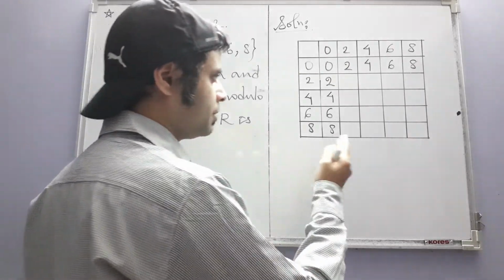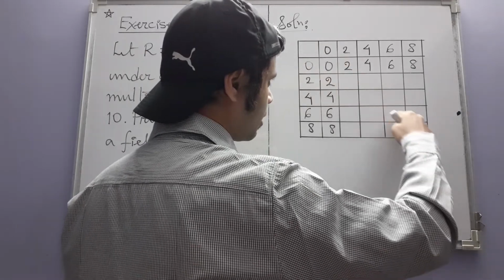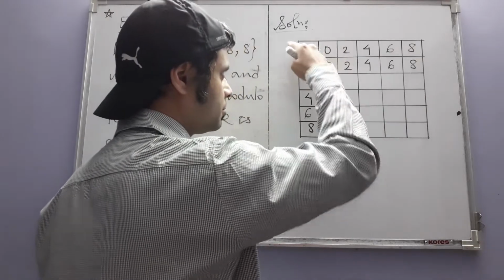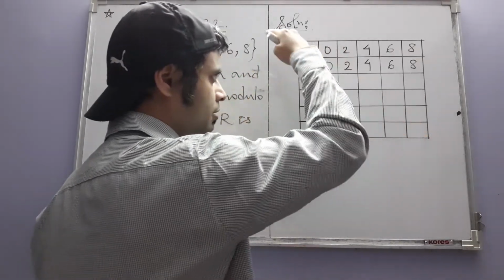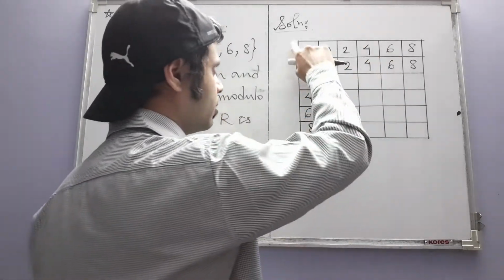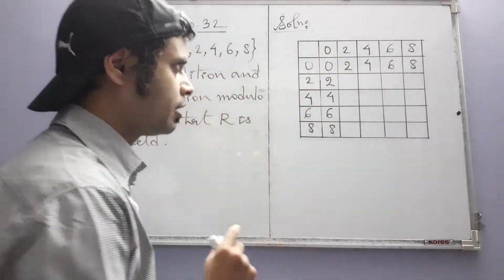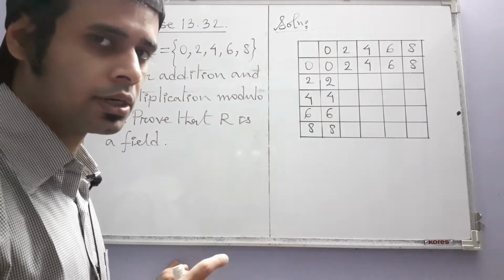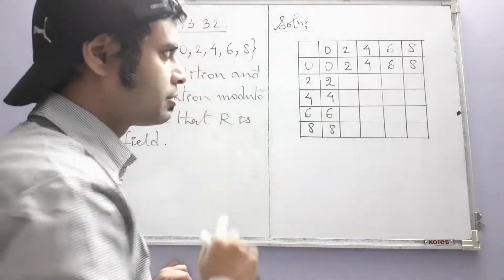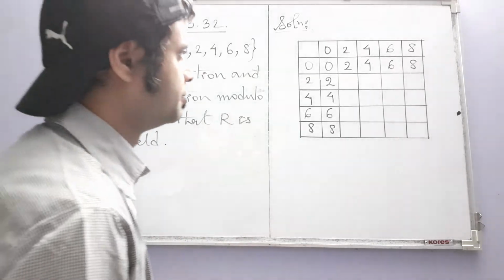Once you have the upper triangular part of this table, imagining this as the diagonal of the table, you get two triangular parts: the upper triangular part and the lower triangular part. Because of the commutative nature of the operation, it's enough to only find the upper triangular entries because the lower triangle is then automatically determined.